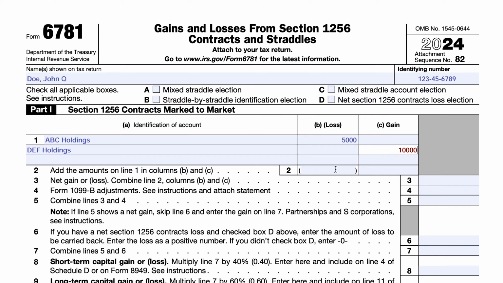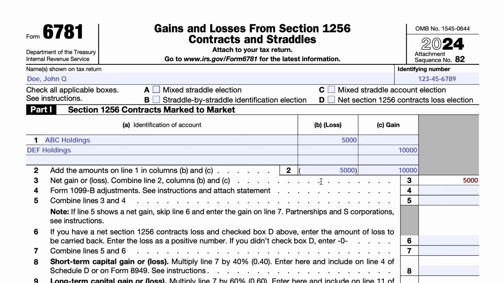So now in line 2, we would net the $5,000 loss against the $10,000 gain, and we get a gain of $5,000, right? So if we had multiple of these, we would be adding all of these up before we add them left to right.